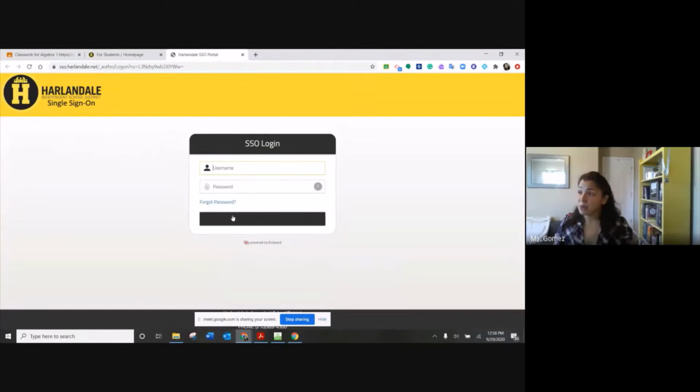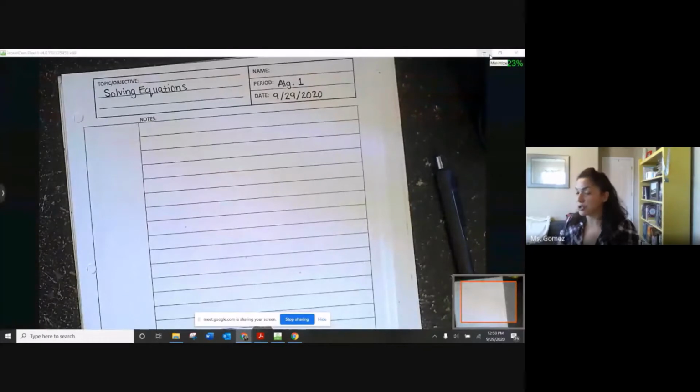Like I said, the main purpose of this was just to make sure that you knew how to log in. And I am going to go ahead and update this PDF so that it reflects the correct information. All right. So now that that's out of the way, I just wanted to go over how to log in. You don't have to start the test right now. Let's get to our notes.